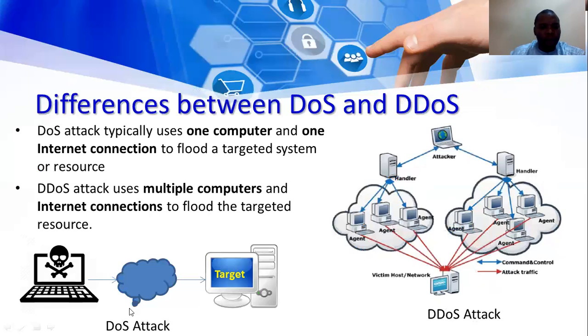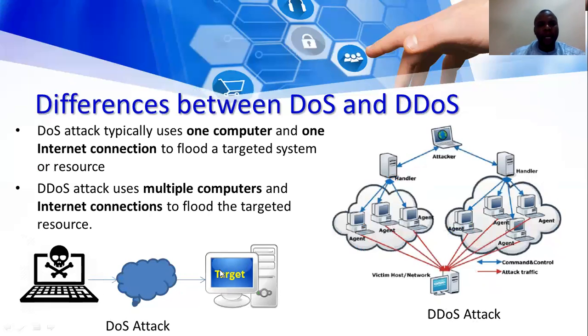If you look at the DoS attack at the left-hand side, you will see that one system is involved, and this system is being used to target the targeted machine through a single network. This defines what a DoS attack is.